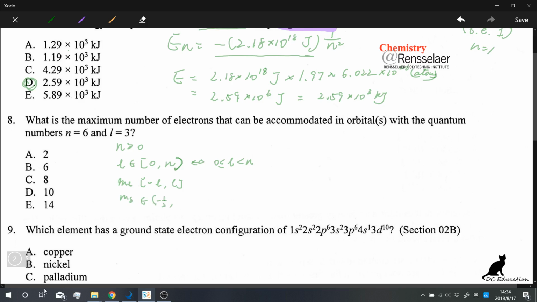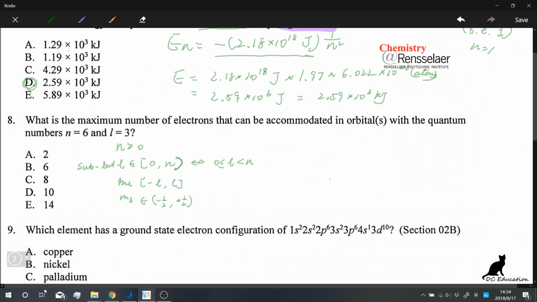It's either negative half or positive half, which means the electron is either spinning upward by our definition or downward by our definition. And ms shows how many electrons can be held in this particular sub level, and that number l shows the sublevel.